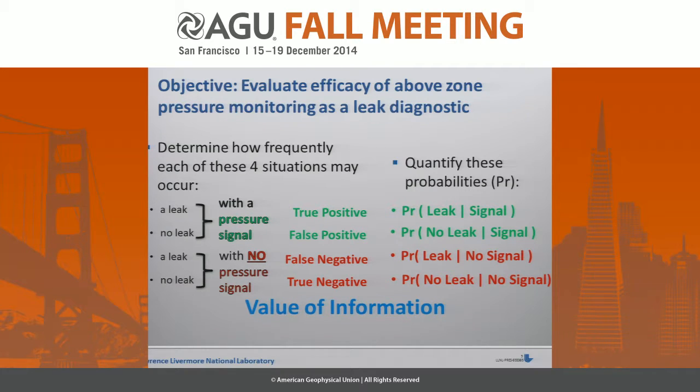This is one of our goals in this larger-term project, but I won't be going into the value of information calculation. What that does is allow us to look at how often an information source will be successful at actually telling us what's going on in the subsurface.